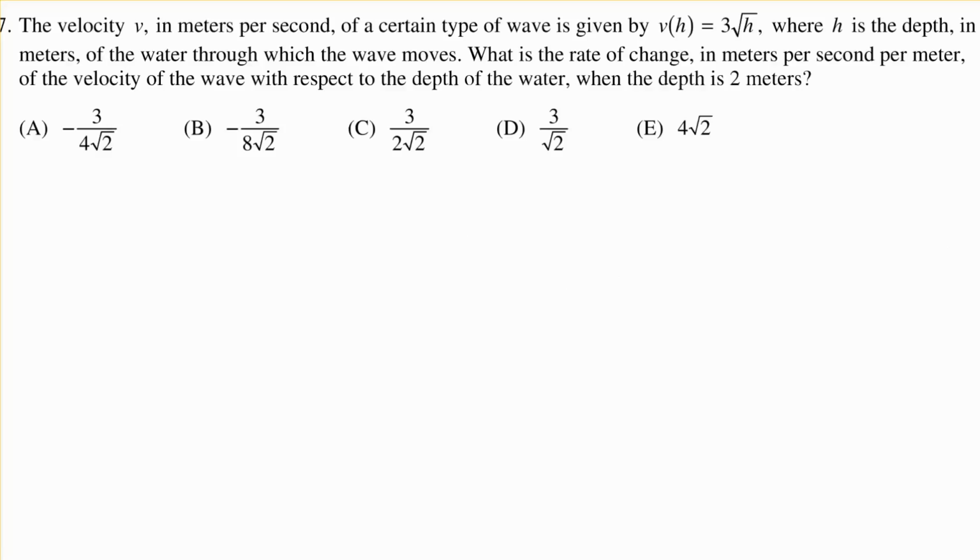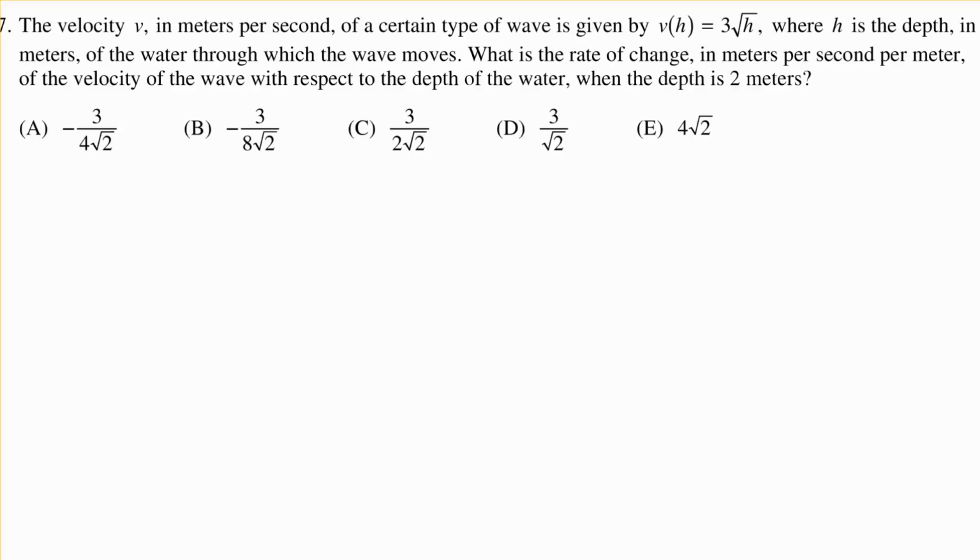The velocity v in meters per second of a certain type of wave is given by v of h equals, so we've got a velocity, where h is the depth in meters of the water through which the wave moves. What is the rate of change in meters per second per meter of the velocity of the wave with respect to the depth of the water when the depth is 2 meters? What is the rate of change of the velocity of the wave?